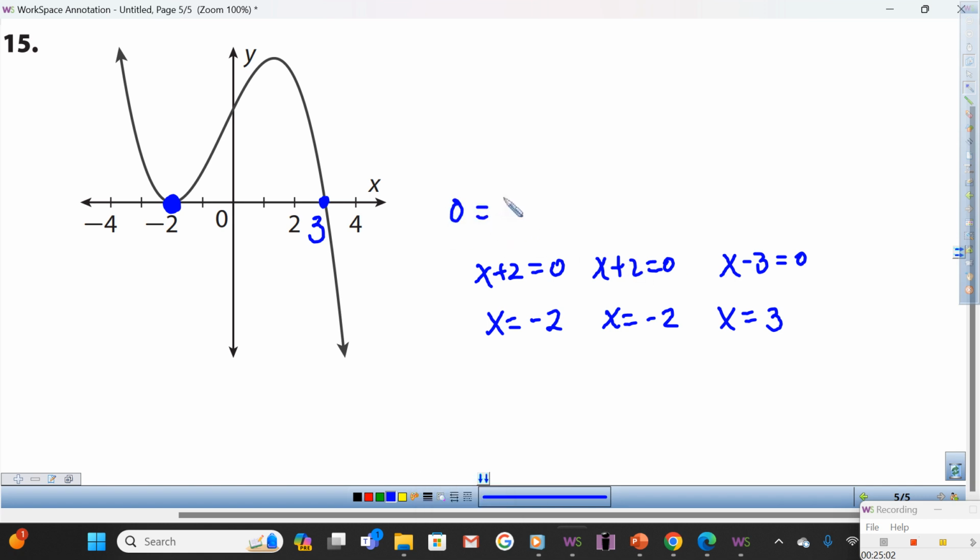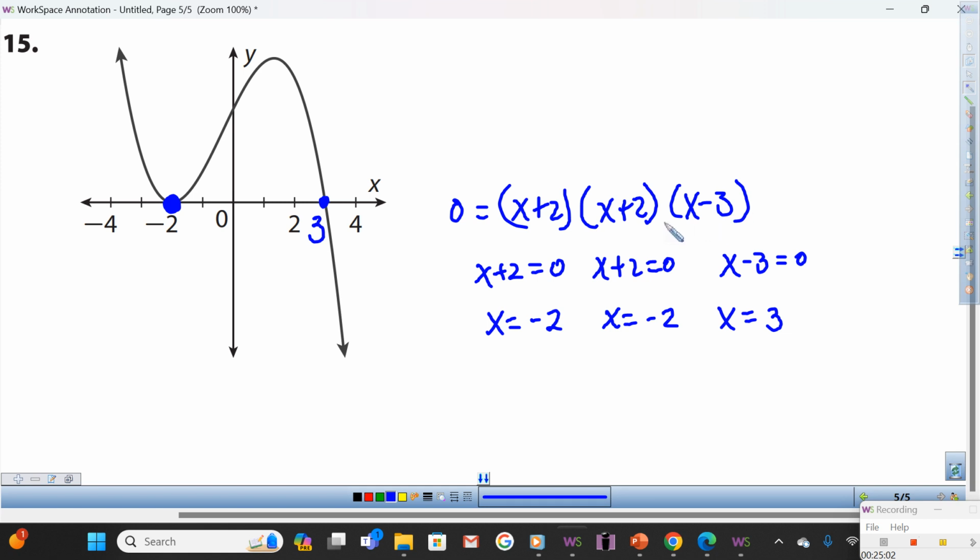Zero equals x plus 2 squared. Okay, so that's the end one. So I'm going to write x plus 2, and x minus 3.